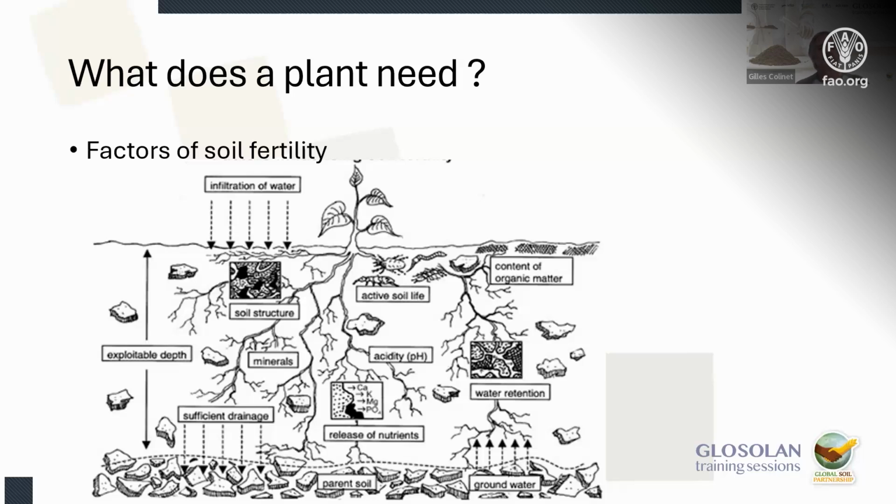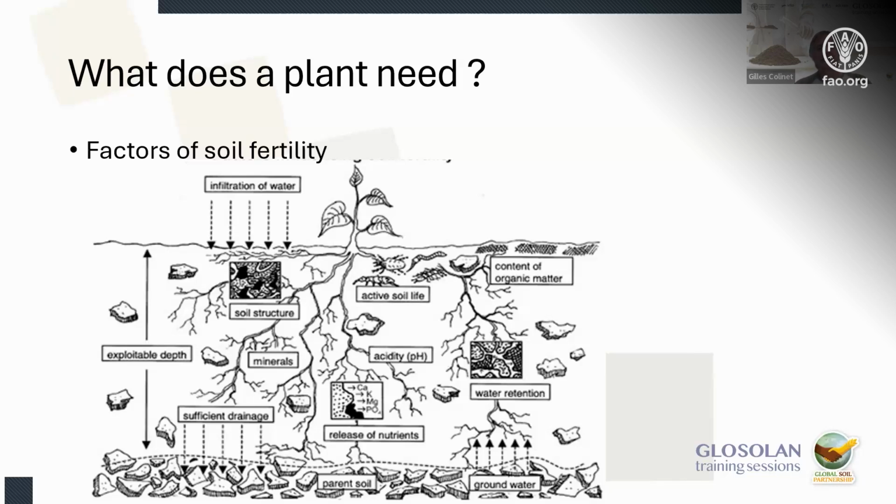So there is a parameter that is called the exploitable depth. And so that's an important characteristic for the plant development. So they need enough space, they need enough water and enough oxygen in this environment.